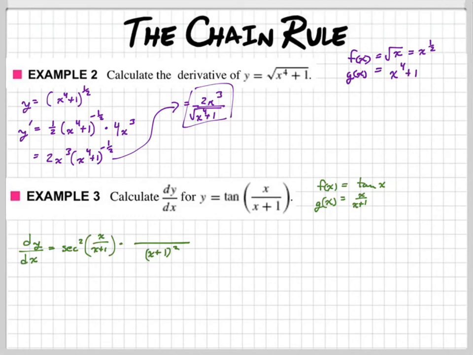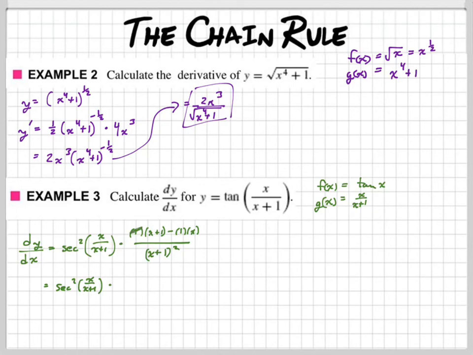Okay, so anyways, the derivative of the top is just 1, and then you multiply it by the bottom. The derivative of the bottom is just 1, and then you multiply it times the top. So, actually, that wasn't that bad, huh? So let's rewrite this: secant squared of x over x plus 1 times, and we can simplify this.